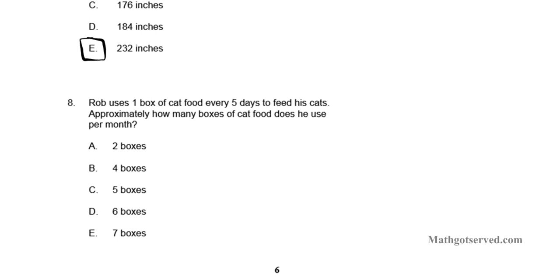So let's say that you want to set it up as follows. You want to call the numerator boxes, okay? And then you want to call the denominator days. All right, so you have 1 box for 5 days.